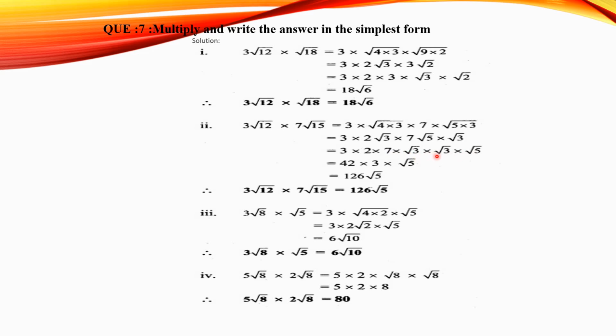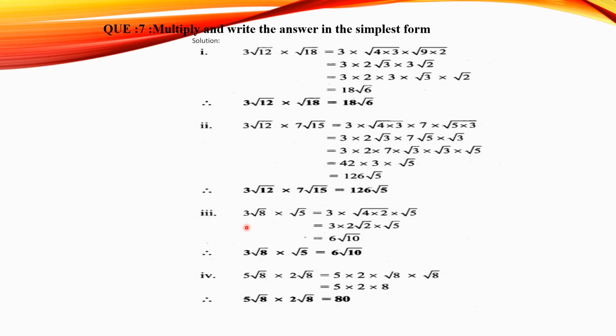So root 3 multiplied to root 3 can be written as 3. Now the remaining numbers, 3 multiplied to 2 is 6, 6 multiplied to 7 will be 42 multiplied to 3 multiplied to root of 5. So our answer is 126 multiplied to root of 5. So 3 root 12 multiplied to 7 root 15 is equal to 126 multiplied to root of 5.